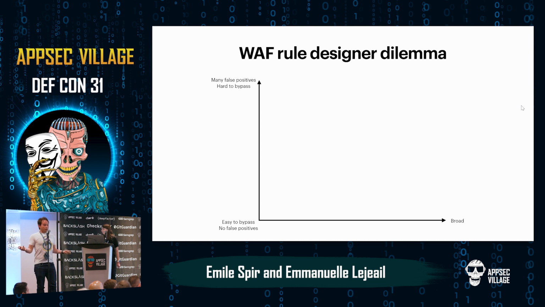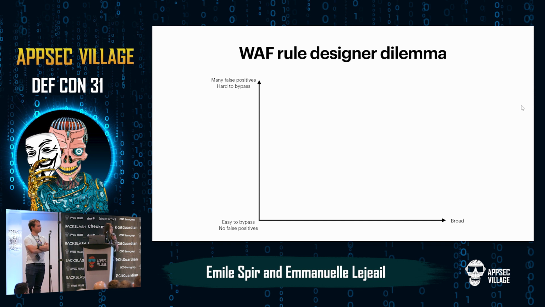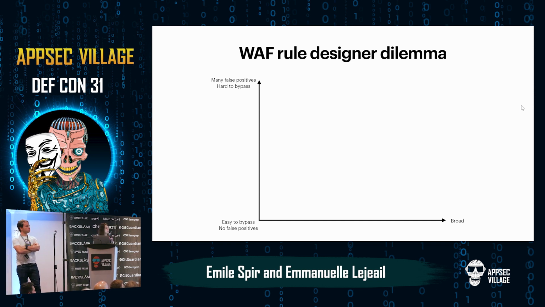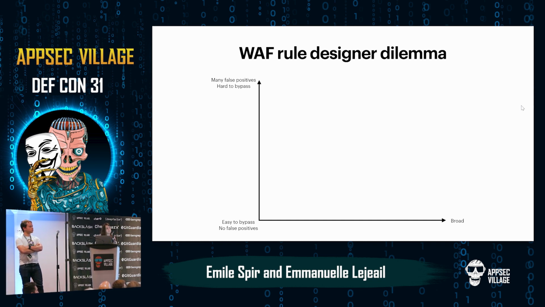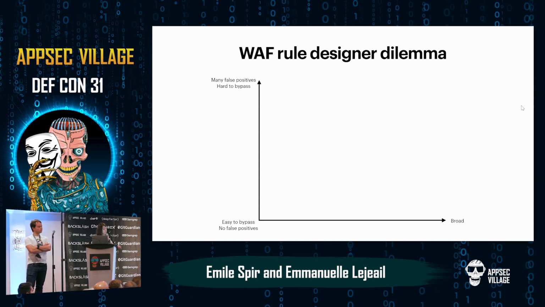We told you about how you design a rule, but there is a greater framework behind it and some constraints. So I'm going to let Emmanuelle tell you about the dilemma of building a WAF rule. Yes. When you build a WAF rule, we try to display this in a graph. On the horizontal axis, you can have a very broad rule that will catch everything, or a very specific rule.